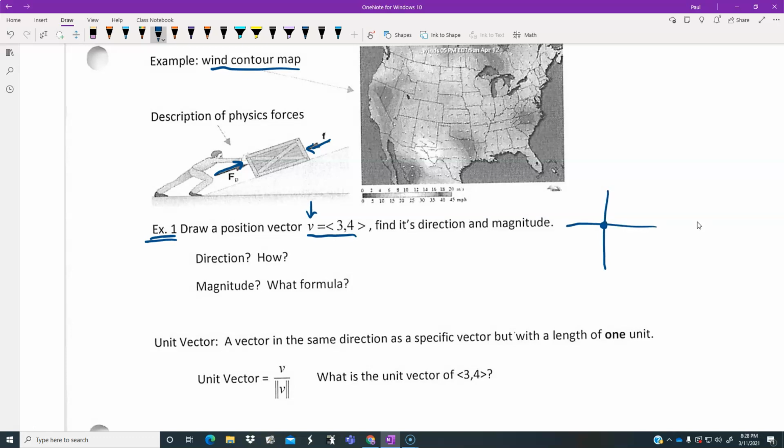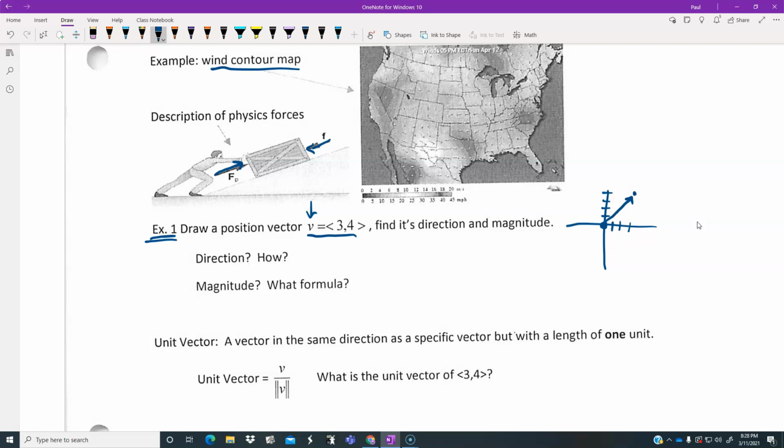It's going to get stuck at its one starting point at the origin, and then you would go 3 units in a horizontal fashion and 4 units in a vertical fashion to draw a point where that vector is being pointed towards. That would be what the vector would look like.